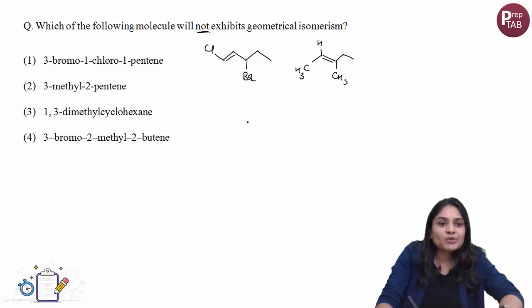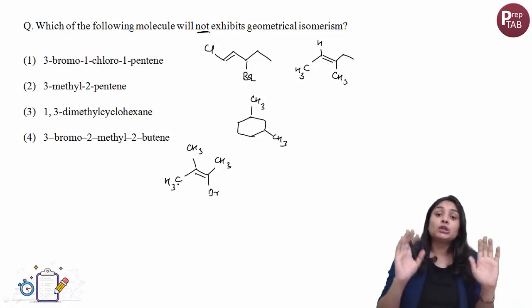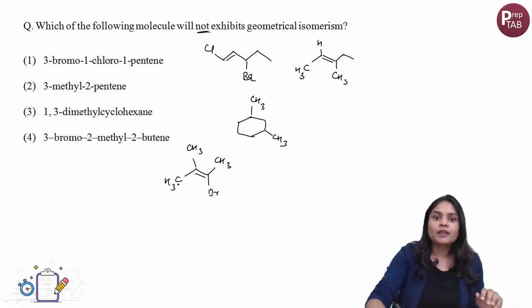I hope you guys are solving it with me. Then we have cyclohexane, 1,3 dimethyl, and butene, 2 methyl bromo. So this is CH3, this is CH3. In these four molecules, which will not exhibit geometrical isomerism?